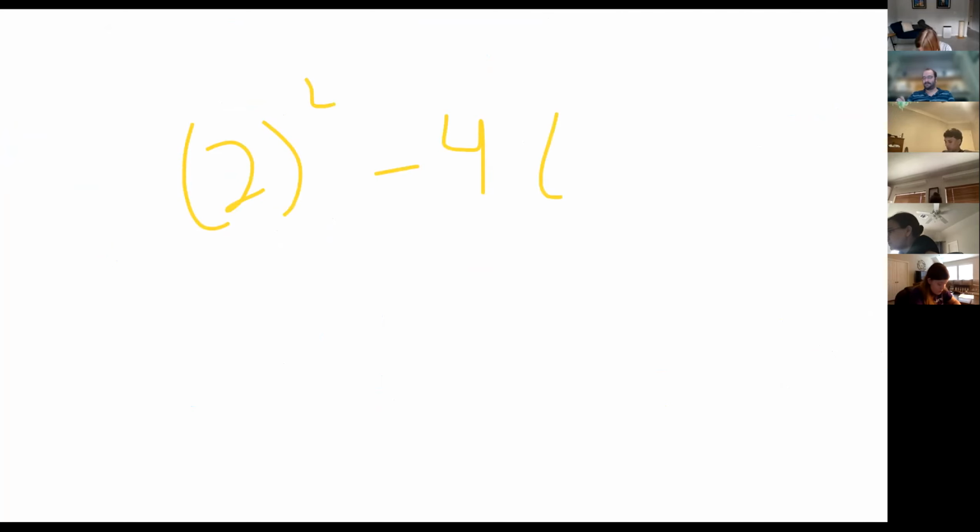So if A and C are both positive, this thing is going to end up being negative in the middle. If one of them's negative, I think it ends up flipping the sign.